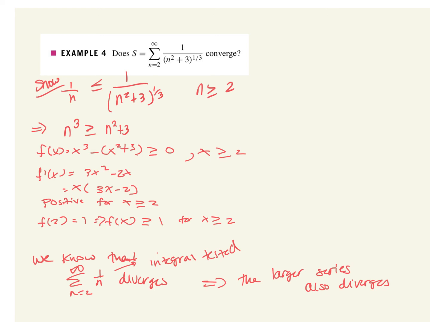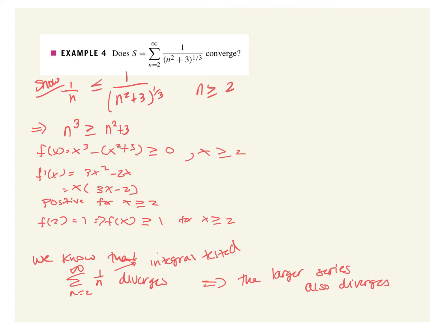Wait, what does it say after integral? Yep, this right here says integral tested. I just made that statement because we already did it, and you won't have to in the future. We know that that diverges, and therefore, the larger series also diverges. Did you read the line above? This line says f of 2 is equal to 1. And we proved that we are increasing.